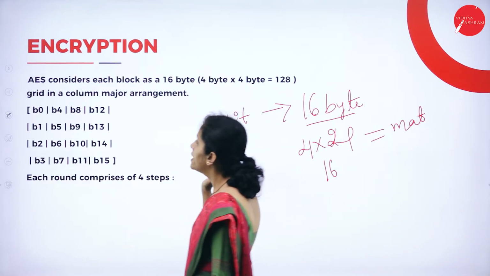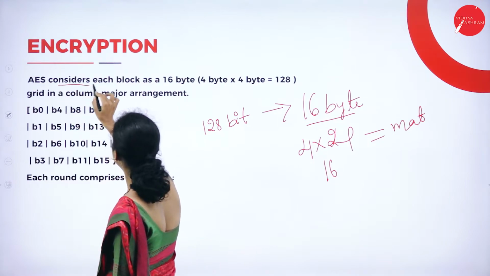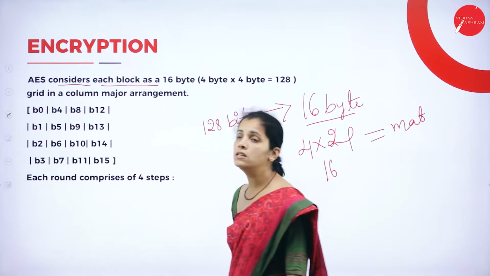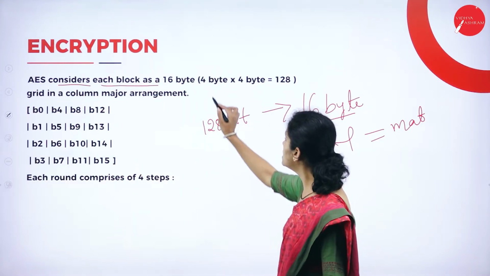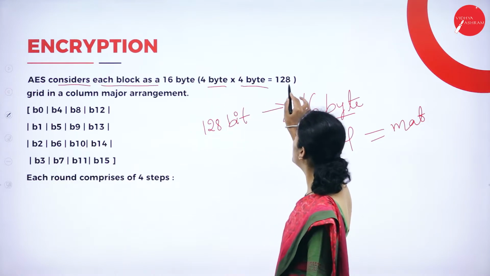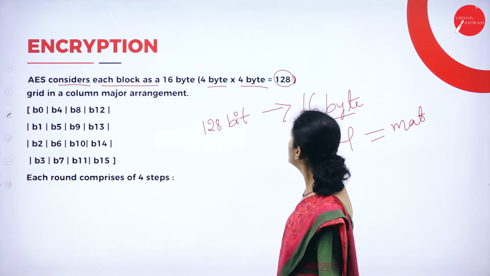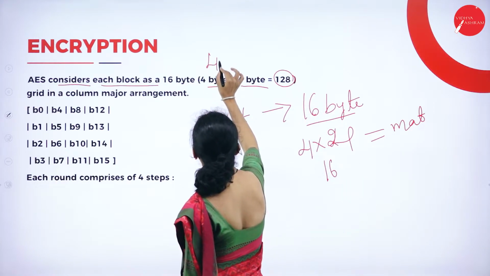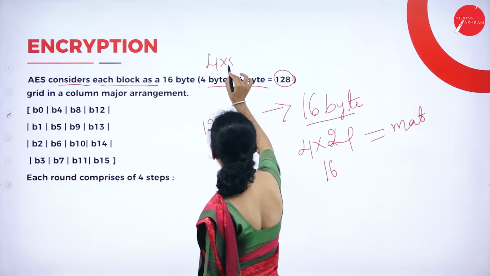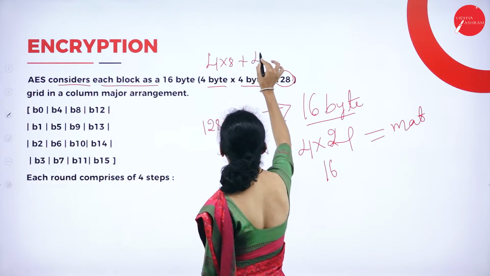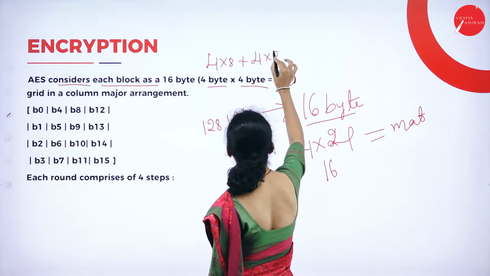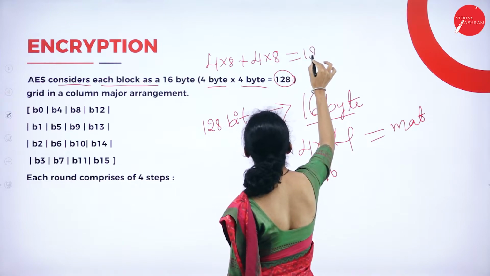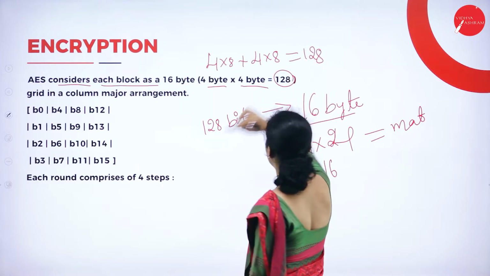See here, AES considers each block as 16 bytes, that is 4 bytes into 4 bytes, 128 bits. That is 4 into 8 plus 4 into 8, that is what, 128.